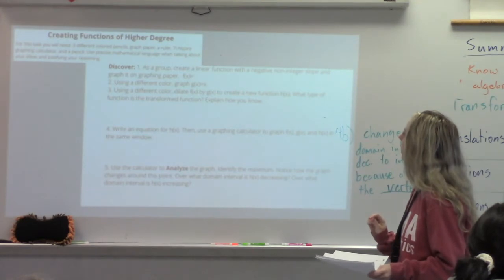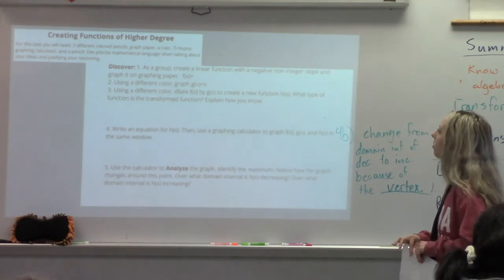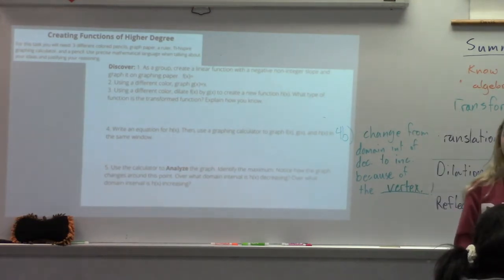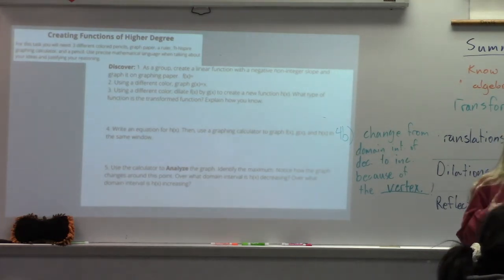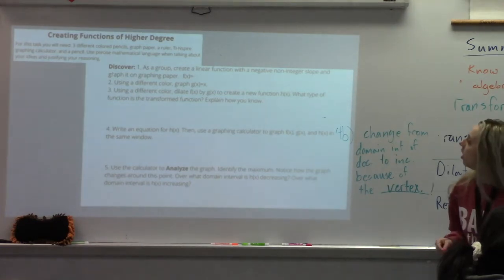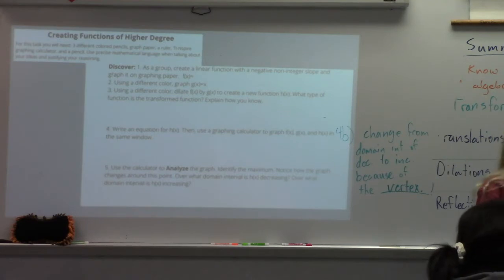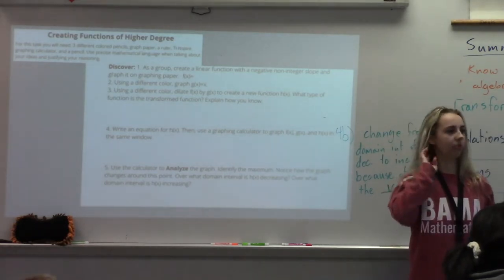Our first part is, as a group, create a linear function with a negative non-integer slope and graph it. Let's think about that for a second. Take 30 seconds, maybe a minute, in your group. Think about what we mean by a negative non-integer slope. What's a slope? Rise over run, right.